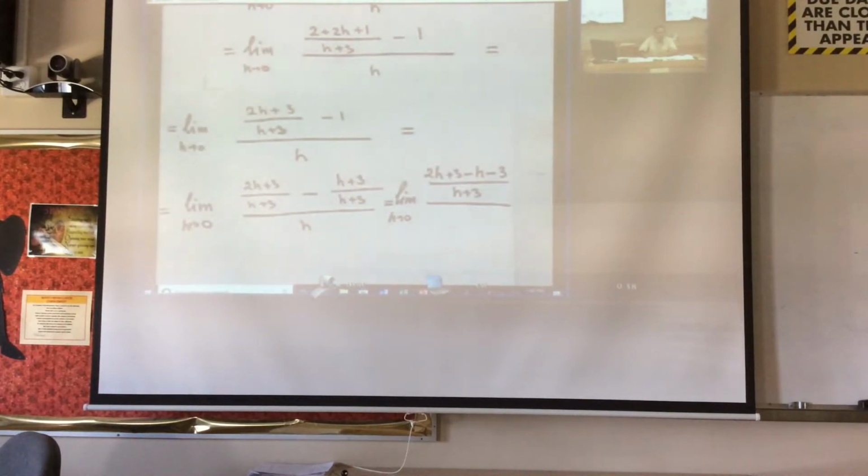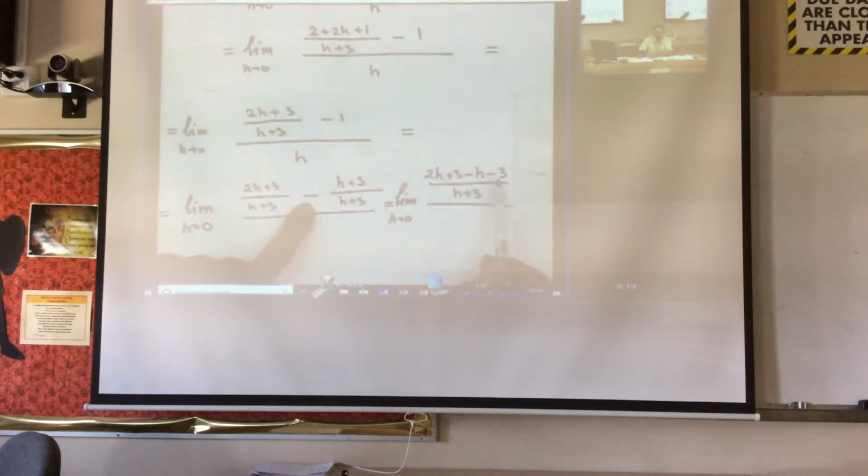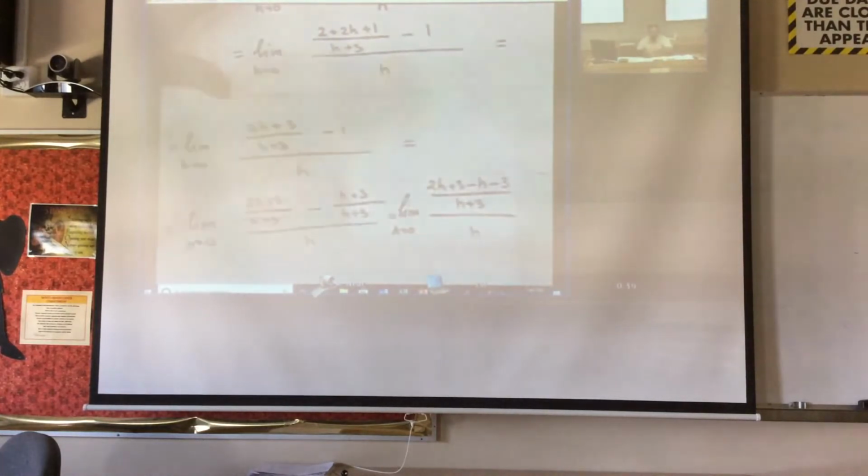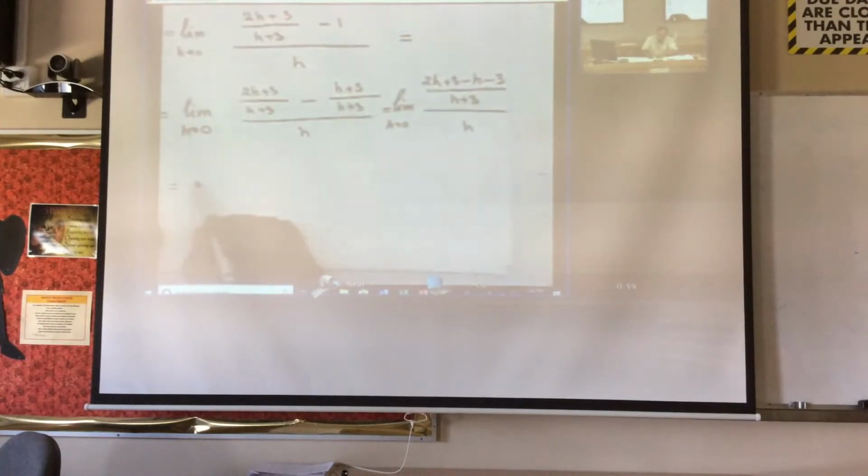Because what are you subtracting? You're subtracting the quantity h plus 3. But then you open parentheses because of this negative, right? Right here. Then you change the signs. You have to be very careful here. And it's still over h. So it's getting a little bit better, but yeah, it takes time to go through.